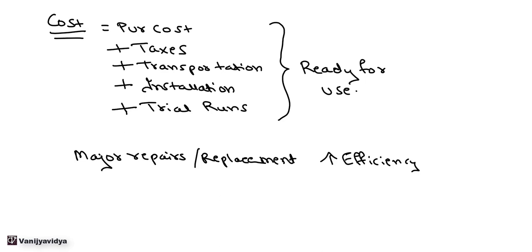Either the useful life of the asset has increased or it has increased the production capacity. Only then the major repairs and replacement which is done after the asset is ready to use, maybe say after 2-3 years, will be added to the cost.